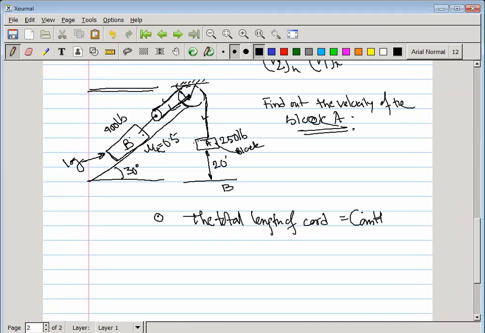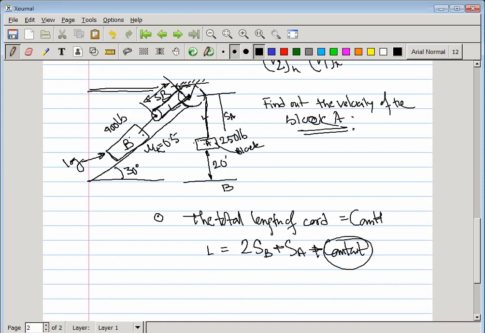So the length of the cable is 2 into S_B, if we consider this one as the B position and this one as the A position, plus S_A, plus a constant.